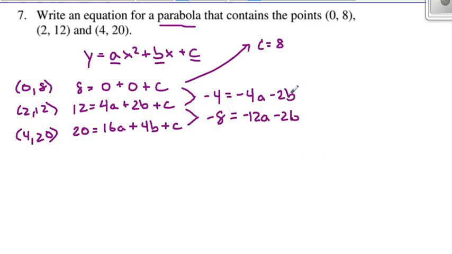Now, it's nice because these 2b's, they're both negative 2b's, match up, and they're going to cancel if we subtract. So I'm going to do the same thing again and take the first equation minus the second equation. Now here I need to be careful when I'm subtracting because this first one is negative 4 minus negative 8. So in your head you're thinking, oh, that's the same as negative 4 plus 8, and we get 4.